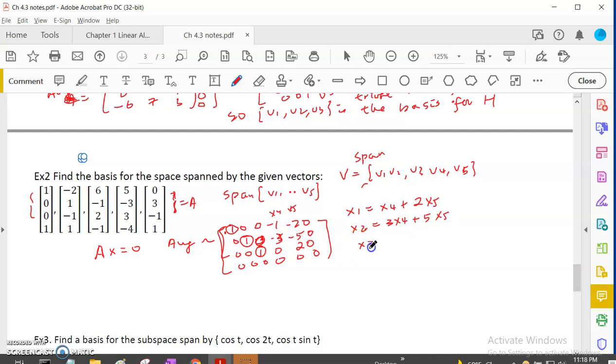And then x3 would equal negative 2x5. It doesn't depend on x4. And that's it. So x4 is free, x5 is free, so this is a solution.